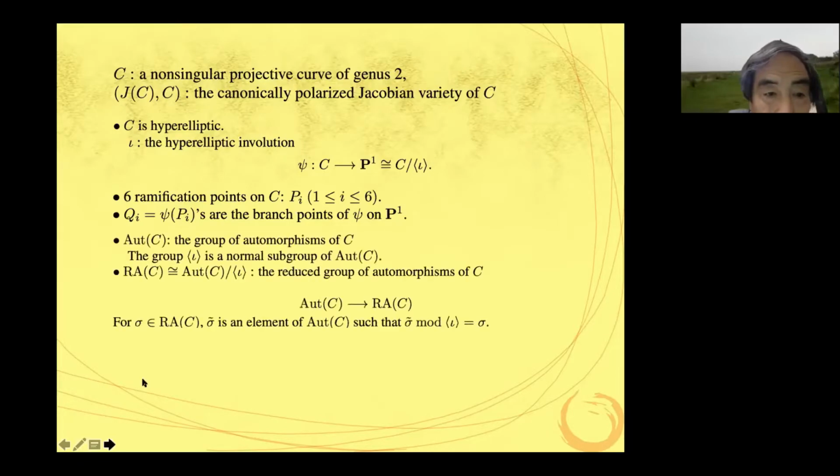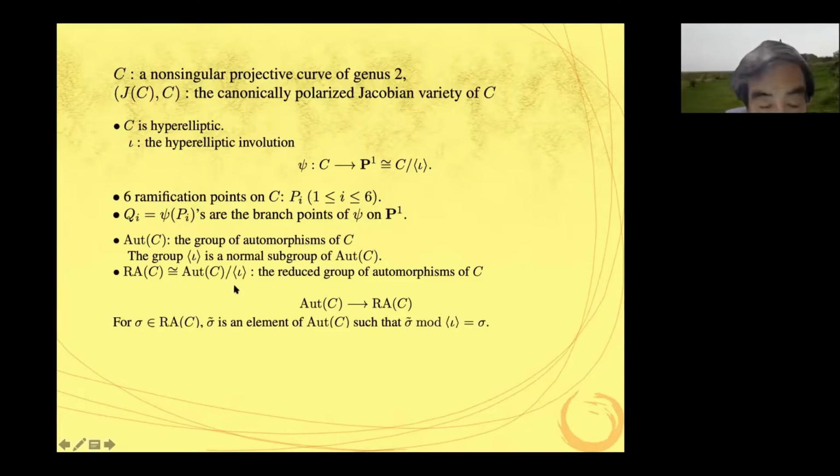And we denote by Aut(C) the group of automorphisms of C, and the subgroup generated by the involution is a normal subgroup of this automorphism group.